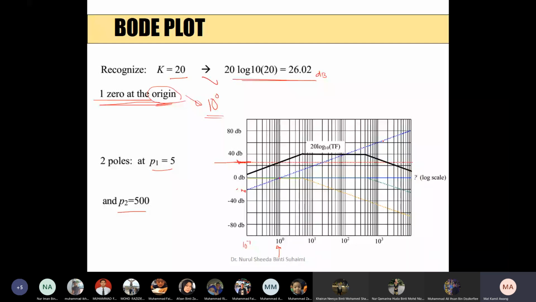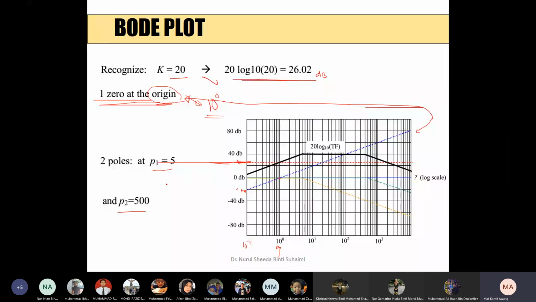So this line is contributed by the zero at the origin. So now you already have two lines: this is by K and this is by the zero at the origin.